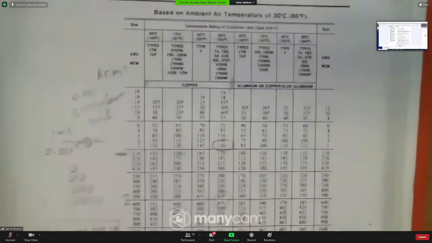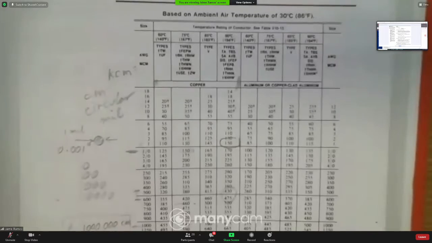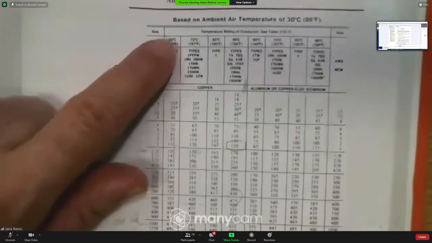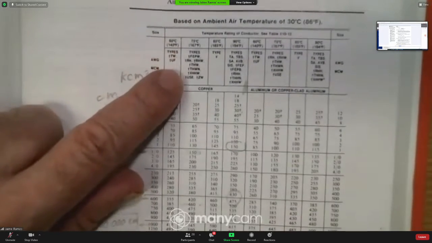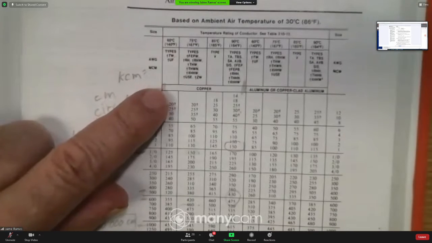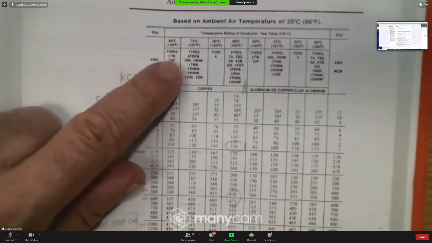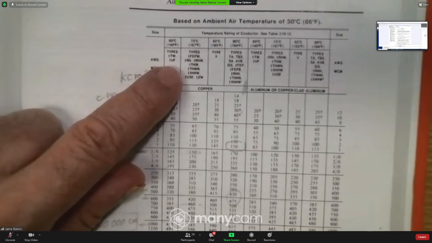So it's this table. We have to look at THW, a 75-degree conductor here.